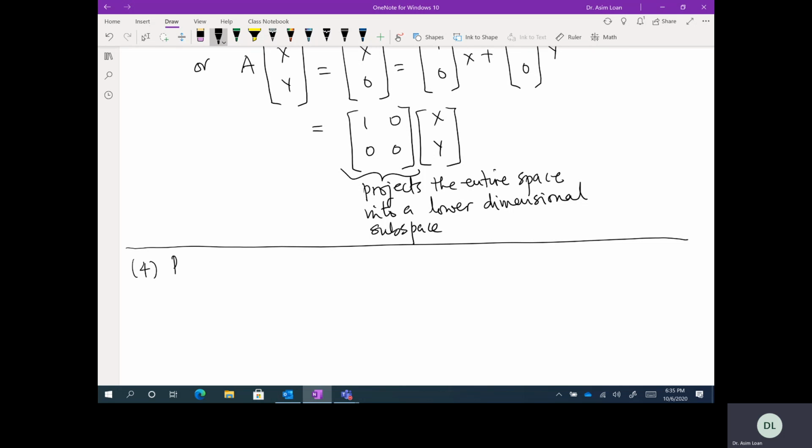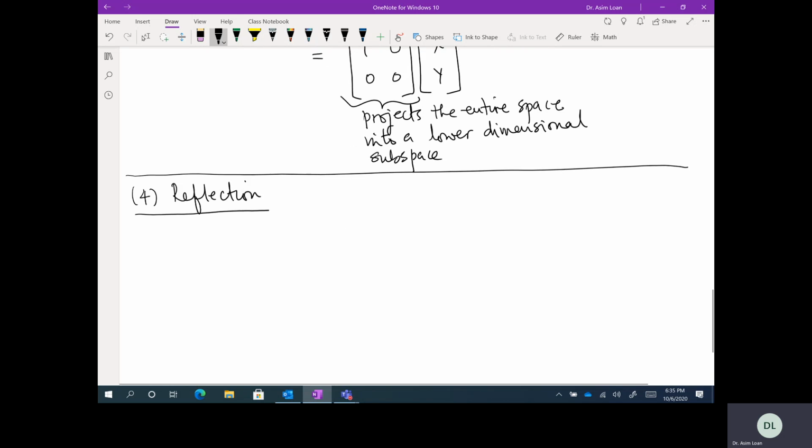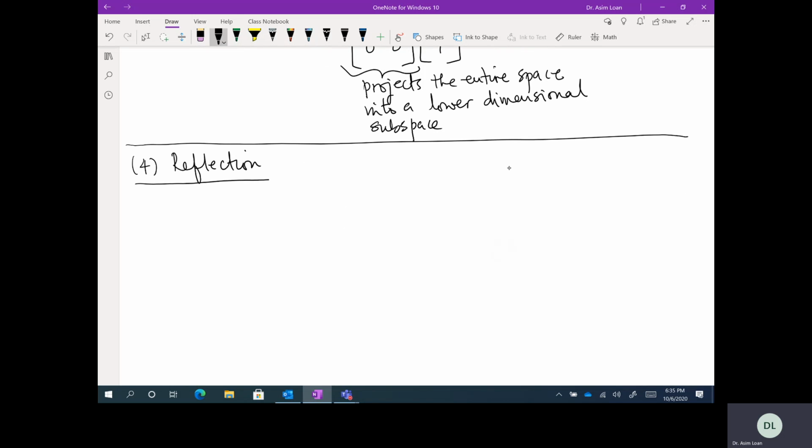And the fourth one is reflection. So assume again I have x and y, and this is a 45 degree line.